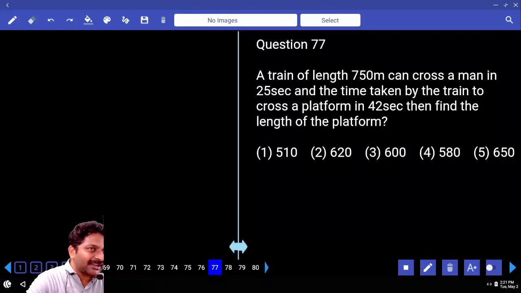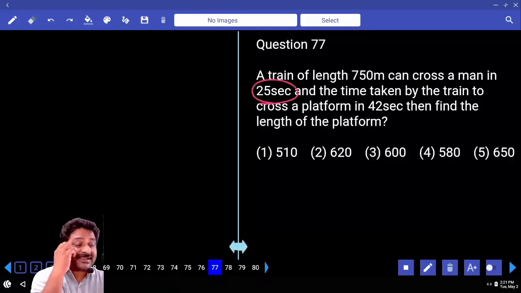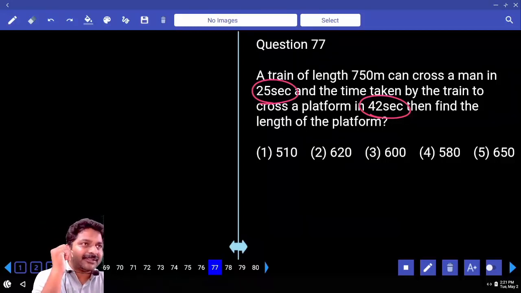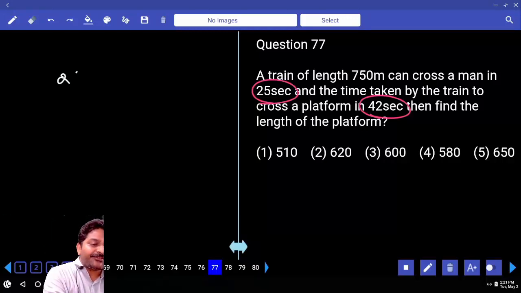So that means we were asked to calculate that extra distance covered only. What is the time it takes in first case? And in the second case? How much extra time is it taking? 17 seconds. Why is it taking extra 17 seconds? Because of platform length only. So in 25 seconds, what was the distance covered by the train? 750.